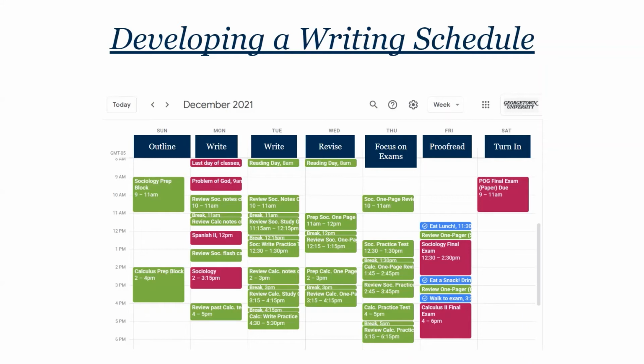And I don't want to be stressing about my essay on this day. So Thursday, I'm going to try to avoid doing any writing, which means that I really have to have the essay finished before Thursday. That means I need to revise on Wednesday, and that means Monday and Tuesday are going to be my major writing days.